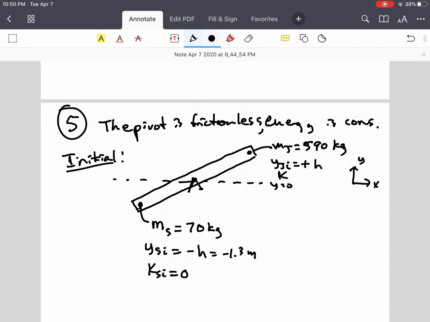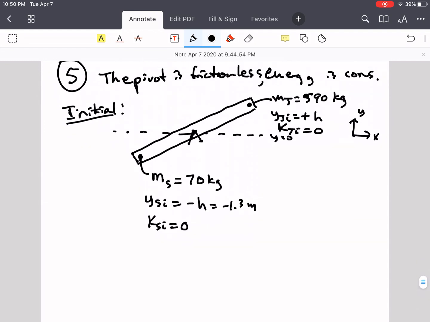And his initial kinetic energy is also 0. He starts out at rest. So initial kinetic energy is 0. Nothing's moving or rotating. Initial gravitational potential energy is mass of the student times gravity times negative h plus mass of Juan times gravity times positive h.